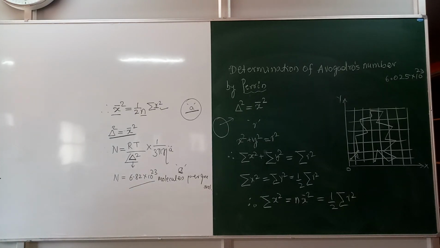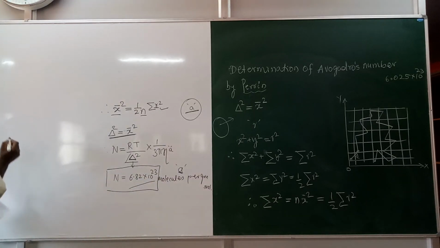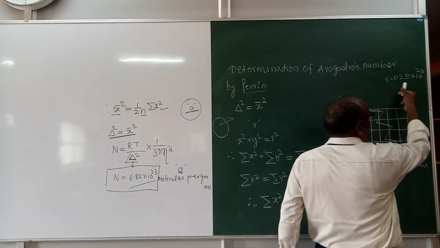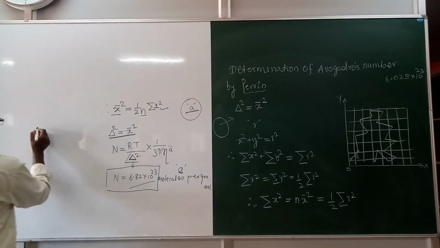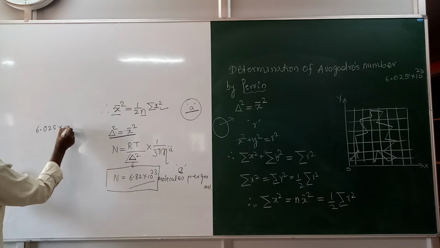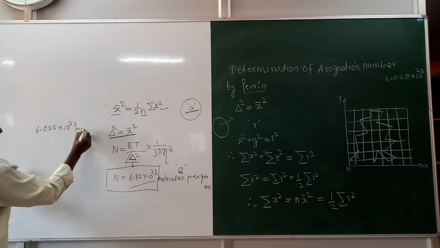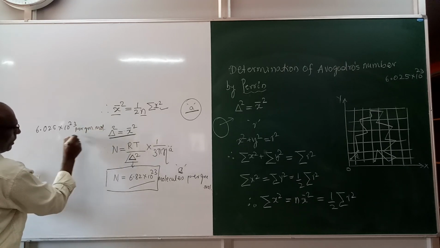Within the experimental limit or experimental error, this is found to be a little high compared to the existing value of Avogadro number, which I have written here, that is 6.025 into 10 raised to 23 molecules per gram mole.